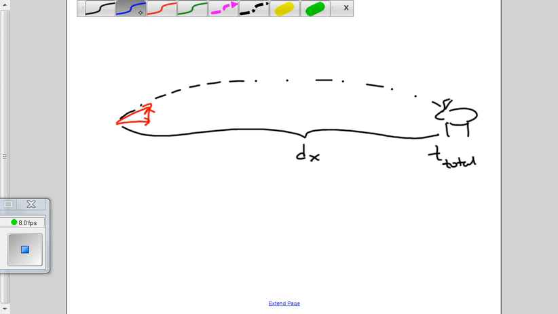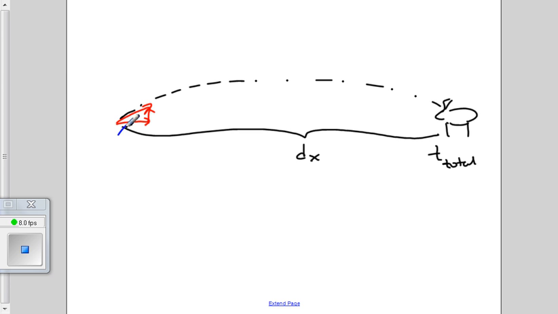Let's start with Vx, which would be the sideways portion, that part of the overall velocity. Since dx and t are already known all the way to the animal, it would simply be a matter of dividing dx by that total time. Well, the x direction turned out to be pretty easy.